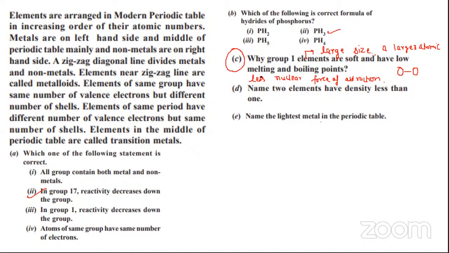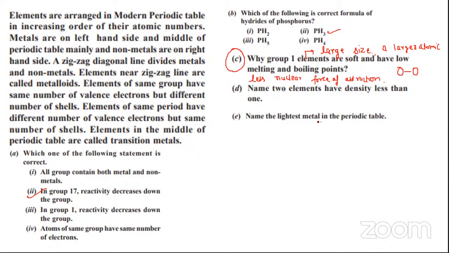Okay. Name two elements that have density less than 1. Last two questions.